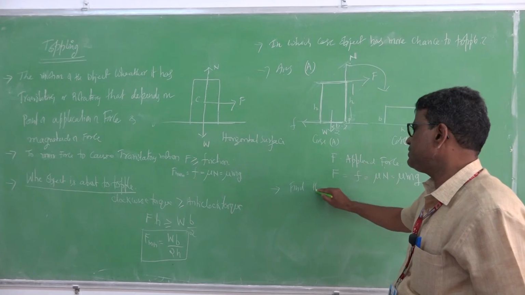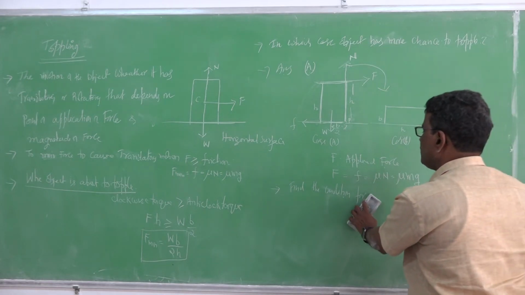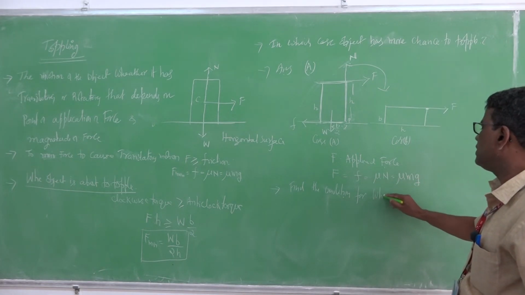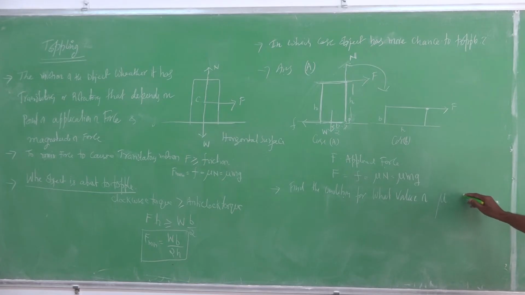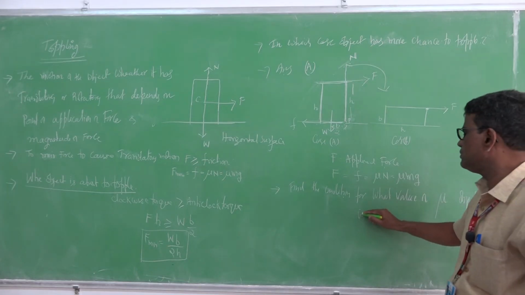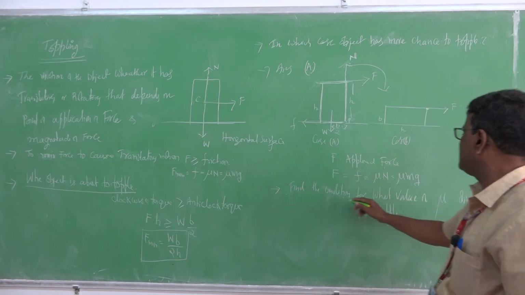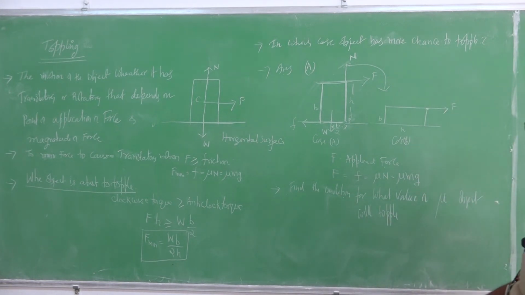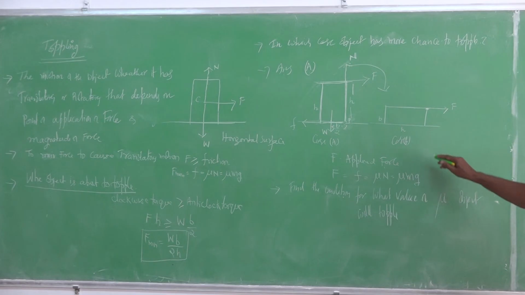Find the condition for what value of mu, the minimum value of mu, the object will topple. What is mu? Coefficient of friction.